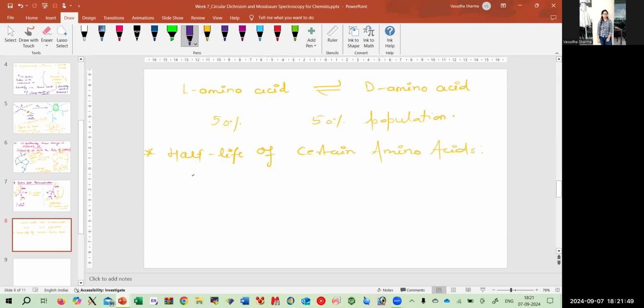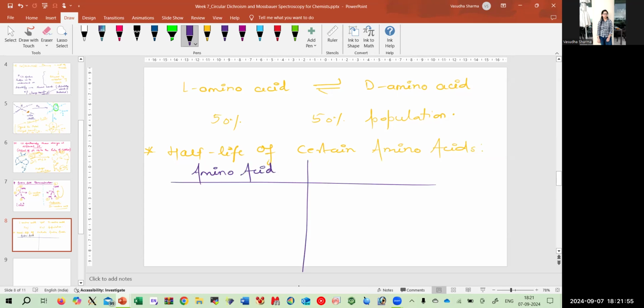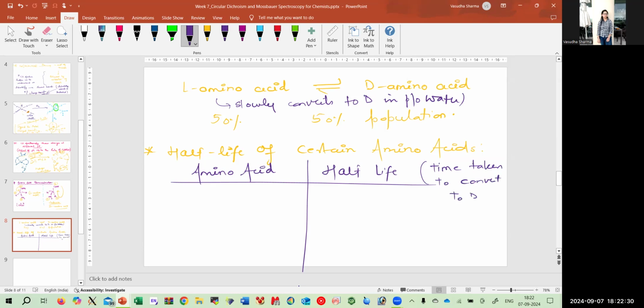So when we are having amino acid and the half-life, basically what happens is L amino acid slowly converts to D in presence of water. So half-life is the time which is going to be taken to convert the amino acid.